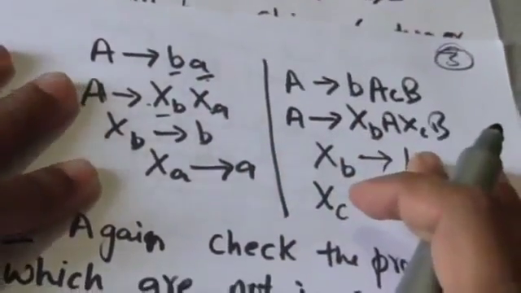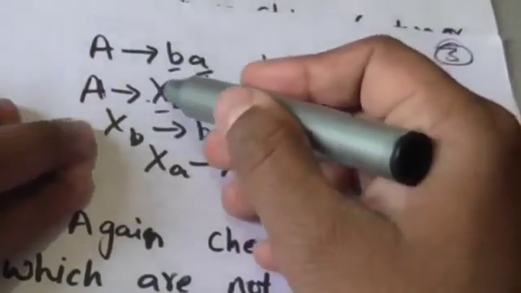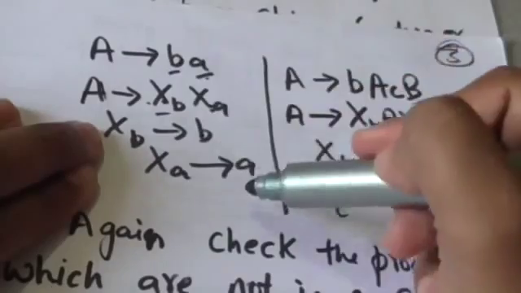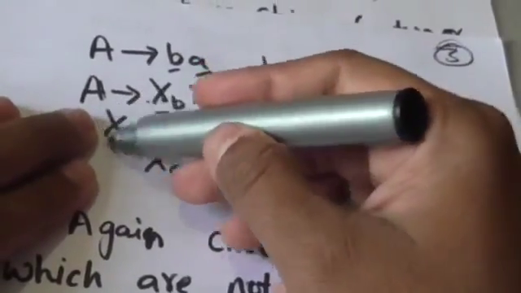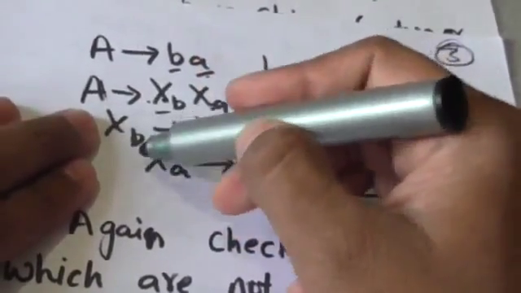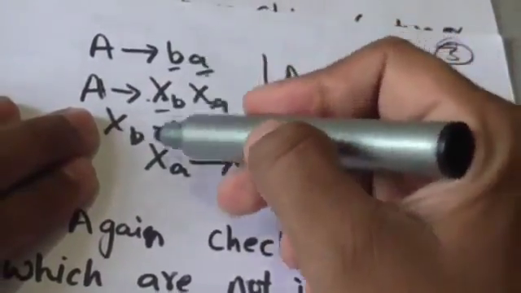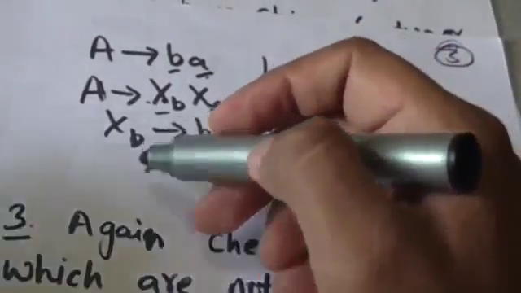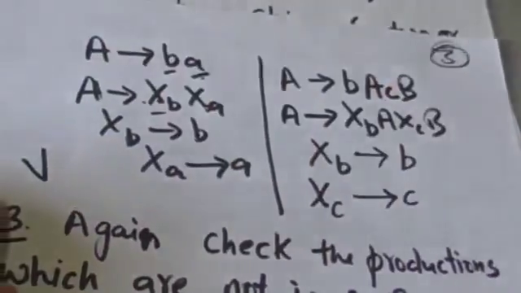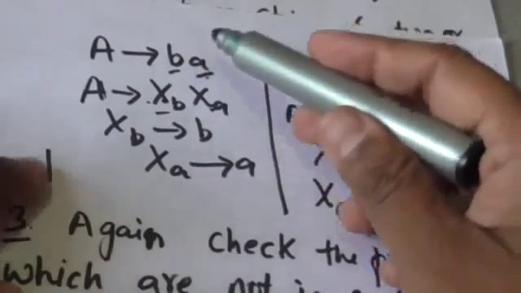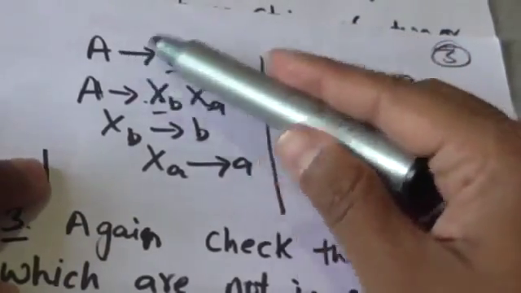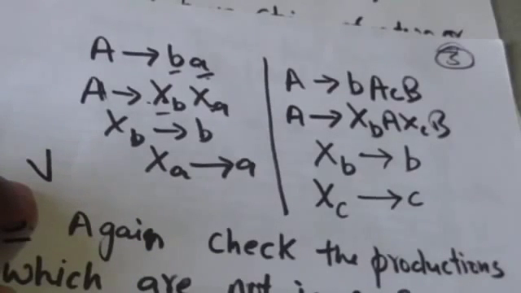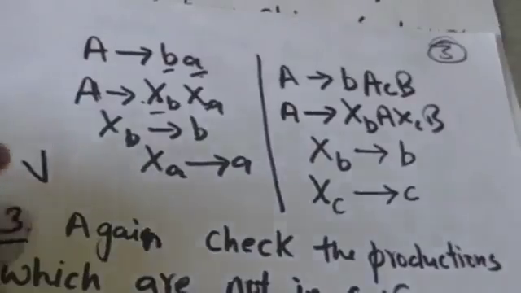And we will add other two productions also: Xb derives b, Xa derives a. And we will add these two new variables Xb and Xa to the set V, and this production A derives ba will be removed from the grammar G.